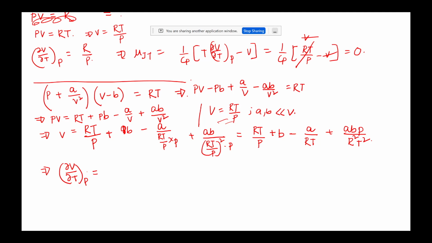Now if we do this, then for the first term, this will be R by P. For this term, this will be A by RT square, and so on.